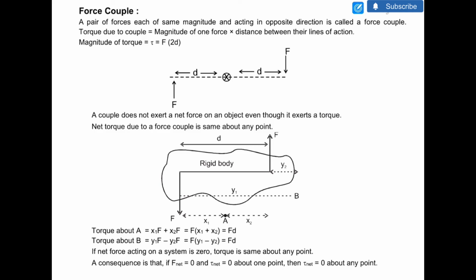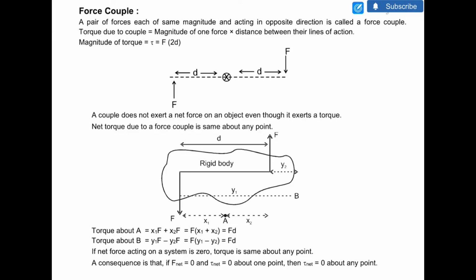So this is the force couple. If the net force is zero and the net torque is zero about any one point, then the net torque would be zero about all the points in the object, or the points may lie outside the object. It doesn't matter.